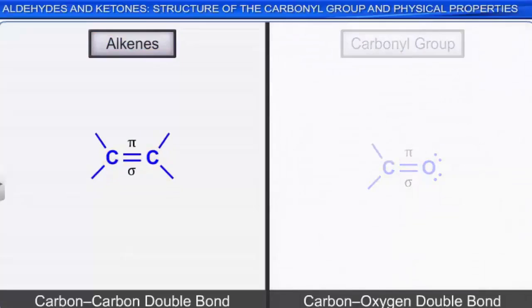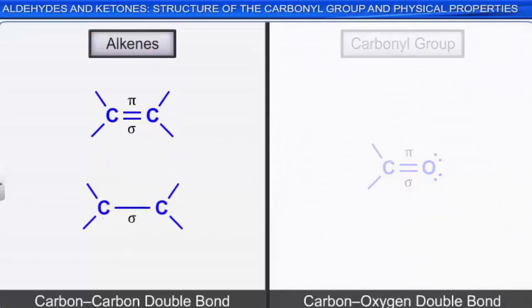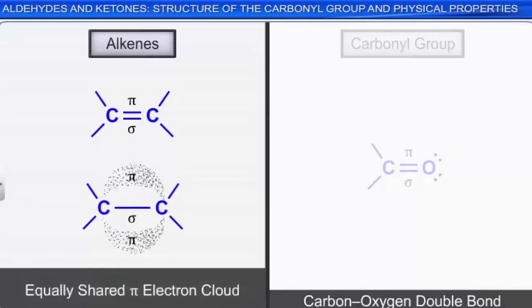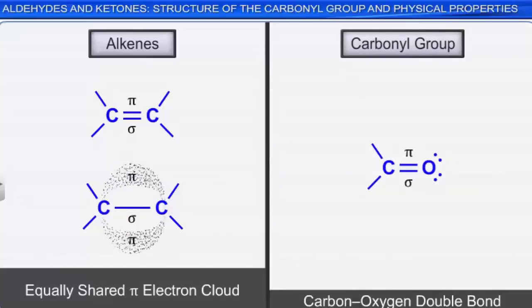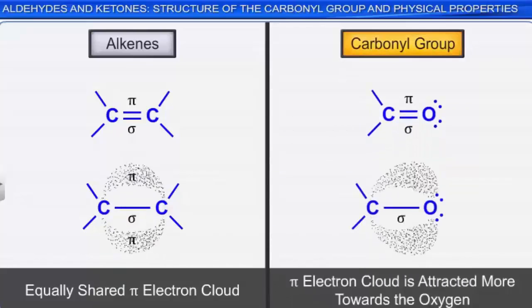In case of alkenes, the pi electron cloud is equally shared by two atoms, whereas in the carbonyl group, the pi electron cloud is attracted more towards the oxygen atom due to its greater electronegativity.